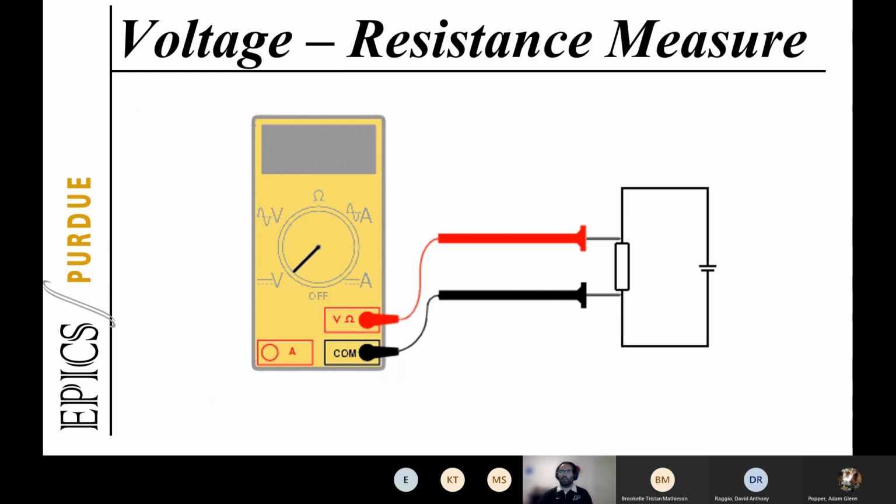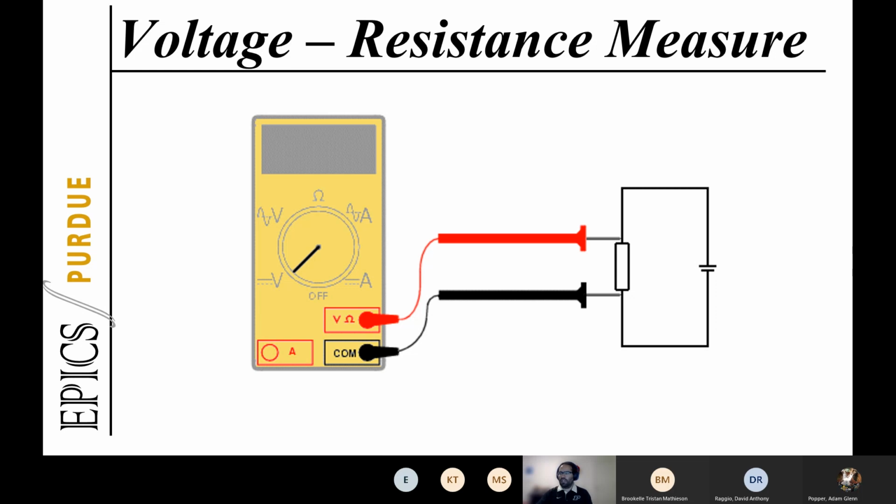So if we were to measure the voltage or the resistance of an element in a circuit, what we will do is take the two probes and put them on each side of the element. And we are not interrupting the circuit at all.